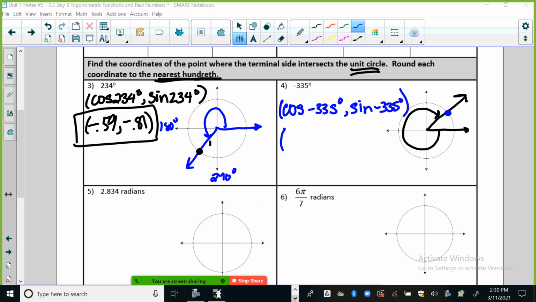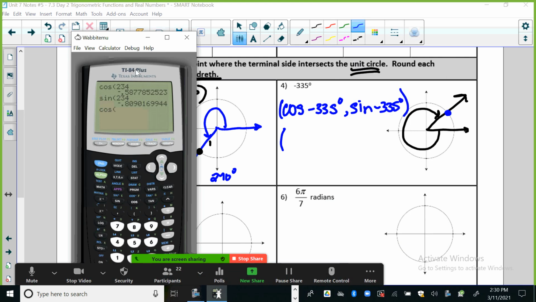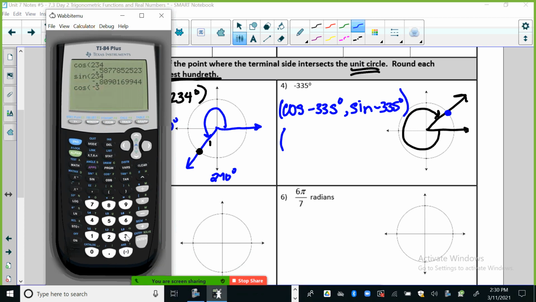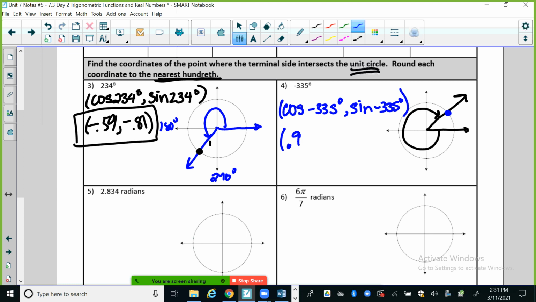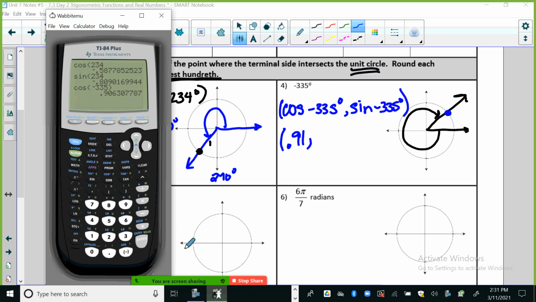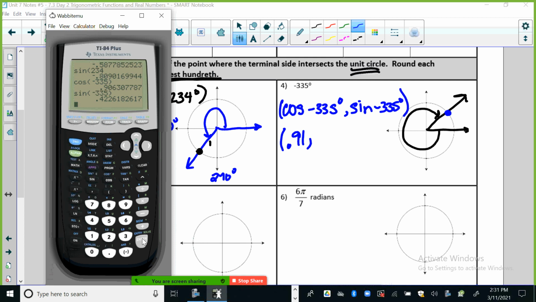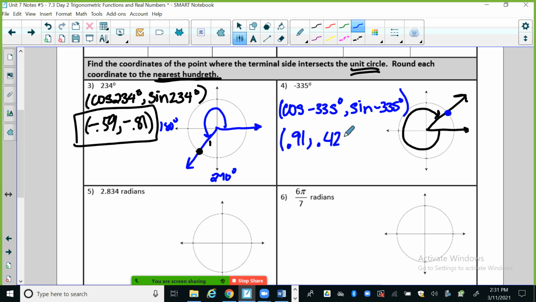We type that in. 0.91 and sine of negative 335 degrees, we have 0.42. Any questions on 3 or 4?